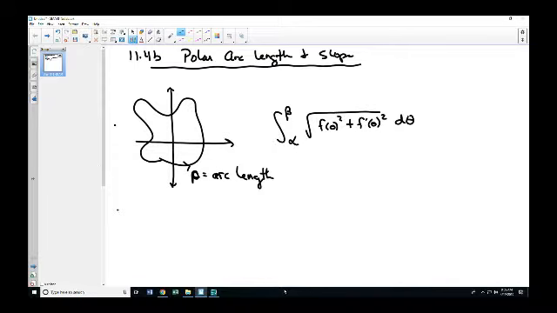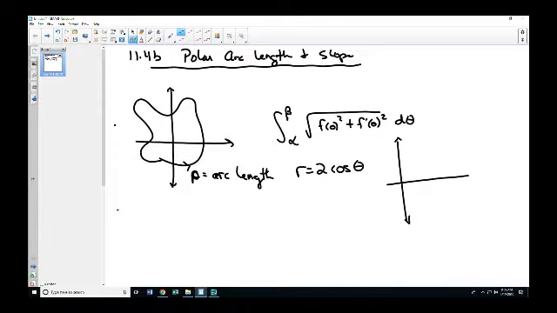So let's look at r equals 2 cosine theta. Do you remember what shape that is? It's a circle, right? With a diameter of 2. Circle, diameter 2, placed where?